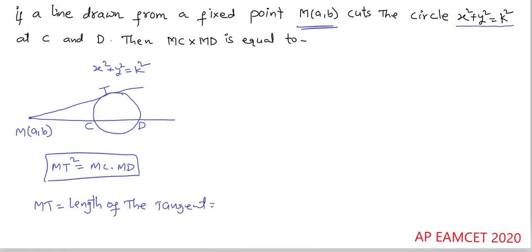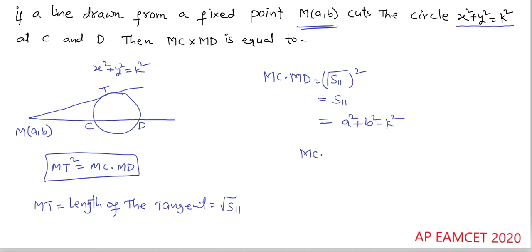We know that length of the tangent is root S11, that is MC into MD is equal to MT square, that is root S11 whole square, that is equal to S11. S11 means substituting the given point (A, B) in the given circle, that is A square plus B square minus K square. Therefore, MC into MD is equal to A square plus B square minus K square.